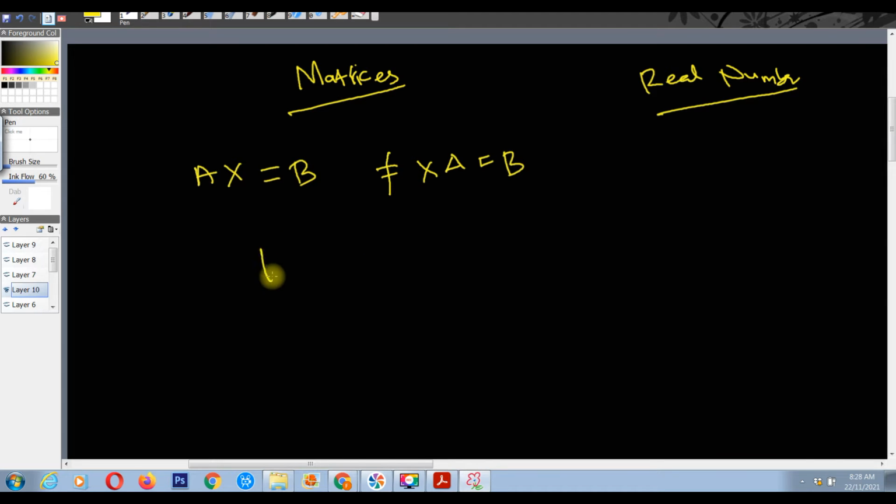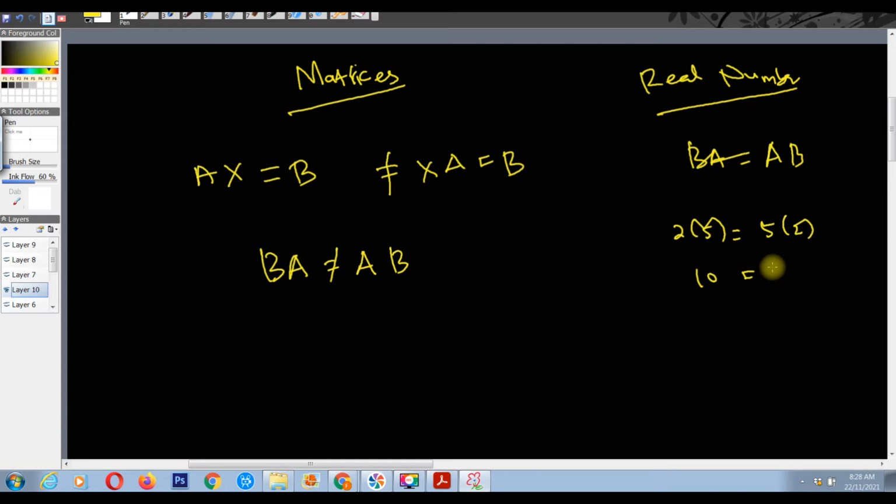If I say BA equals AB, that is not correct, because the position and the size of the matrices are different. But for real numbers, BA equals AB. For example, 2 times 5 equals 5 times 2, so we have 10.